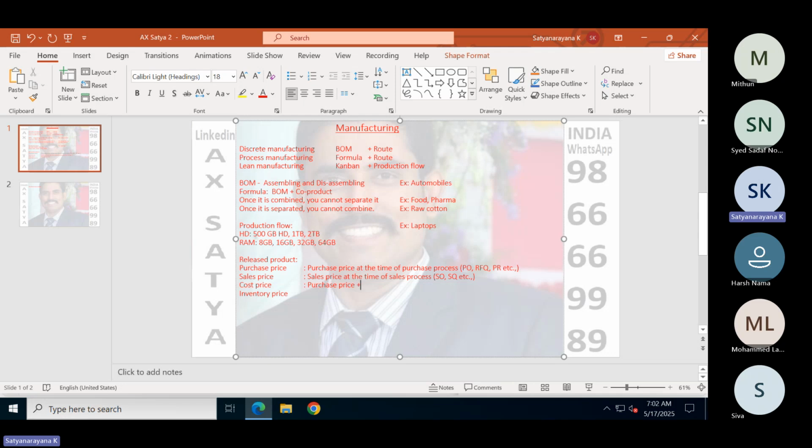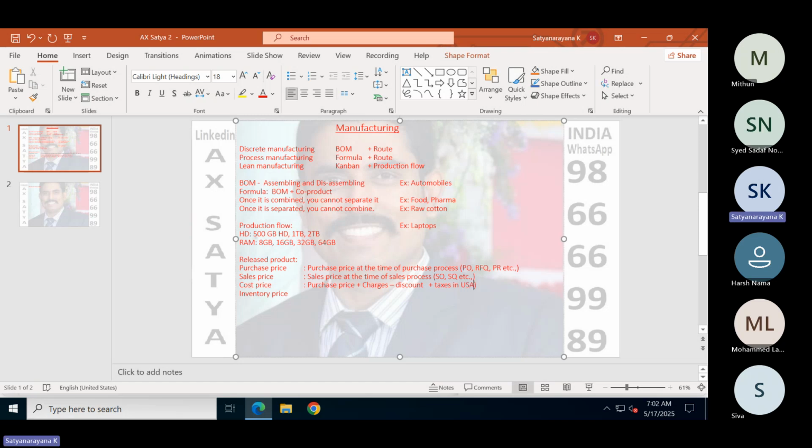Purchase price plus charges minus discount is cost price. Charges means transportation charges, loading, unloading charges, insurance charges, anything. Extra cost, whatever you are incurring at the time of purchase, that is charges minus discount, and plus taxes in USA.